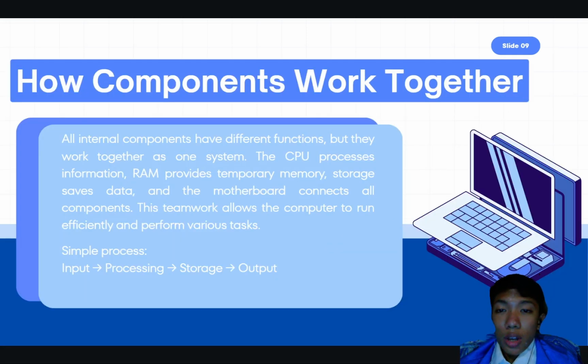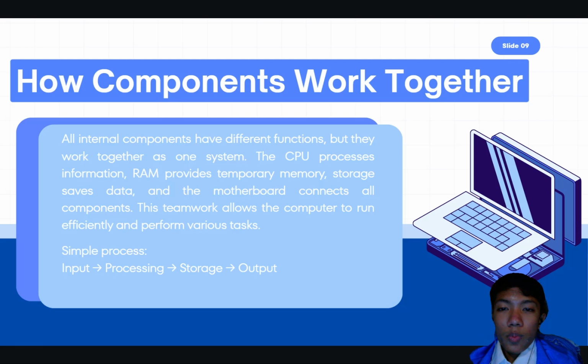How do components work together? Although these components have different responsibilities, they work together as a complete system. For example, when a user operates a program, the storage device provides the data, RAM temporarily stores it, and the CPU processes the instructions, while the motherboard allows all components to communicate.